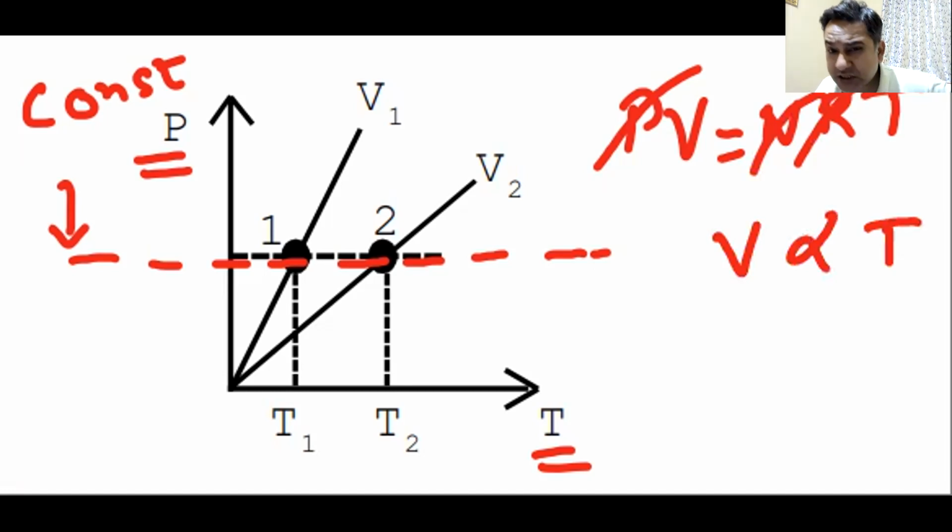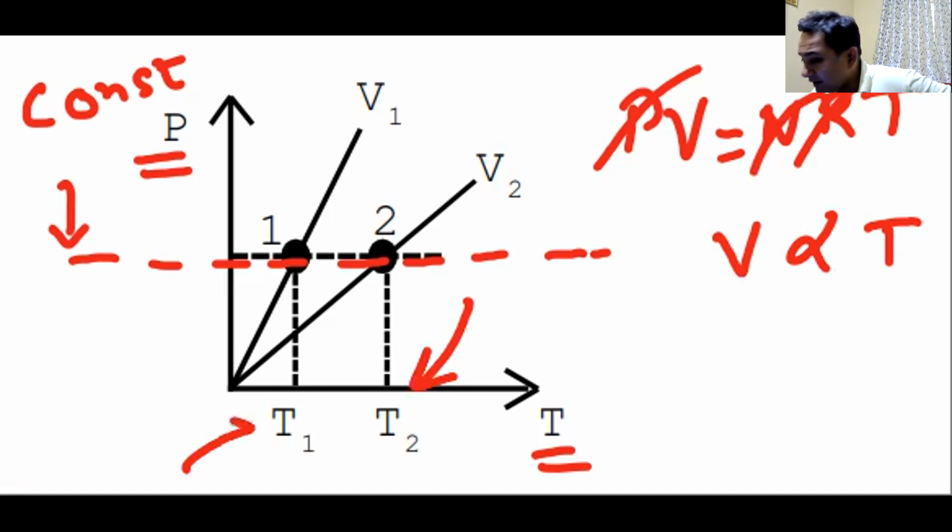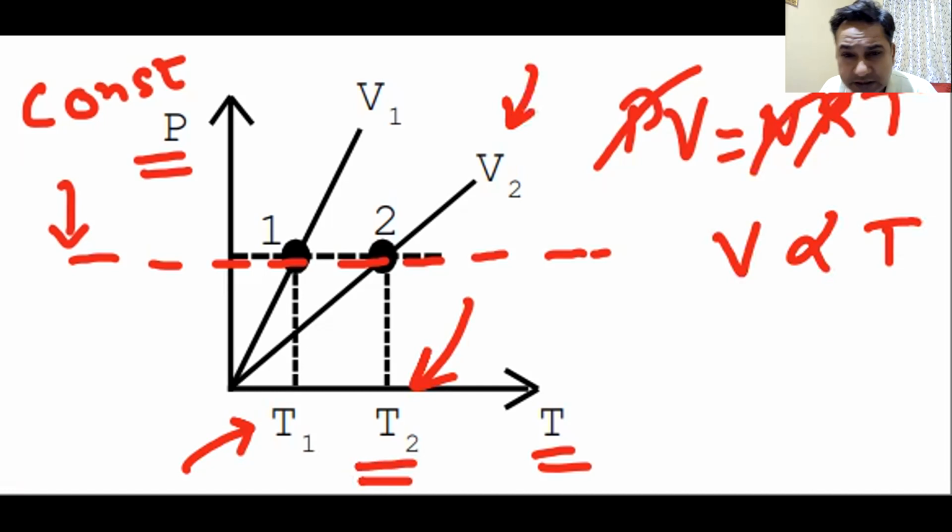If the temperature is more, the volume is more. Now look here very closely. Look at T2, look at T1. Which temperature is more? Definitely, my dear friends, T2 is more, and therefore your volume V2 is greater than V1. T2 is more than T1, and therefore V2 is more than V1.